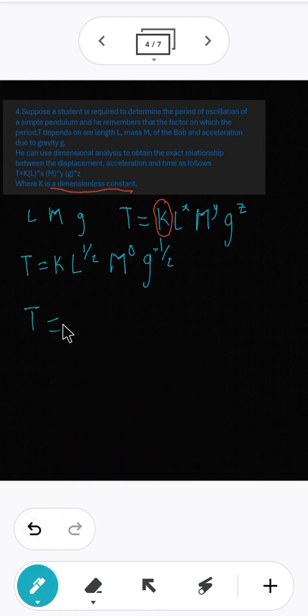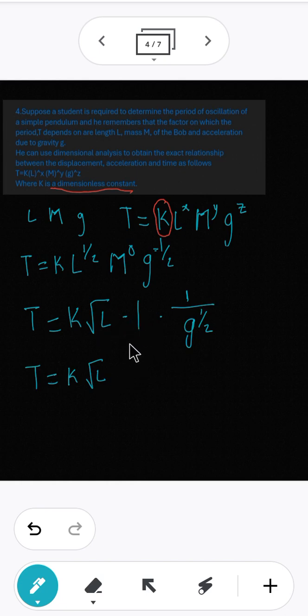So from indices, this is k. Now this is going to be square root of L. Anything raised to power 0 is 1. So we have multiplied by 1. Multiplied by, this is going to be 1 over g raised to power 1 over 2, because of the negative sign. So this T becomes k root of L. Anything multiplied by 1 will give you that thing, so there's no need to add the 1. So this is 1 over, now applying this here also, we have square root of g.